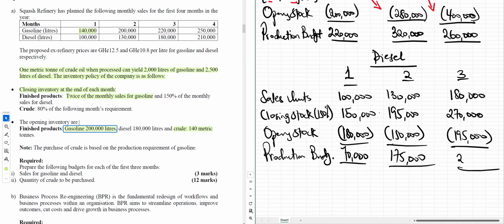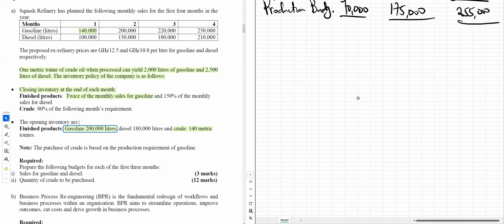Utilities. Food oil. Okay. So I've gotten the production budget for both of them.